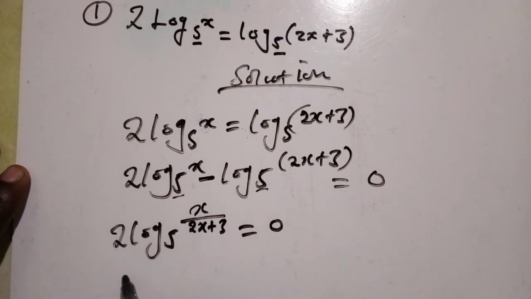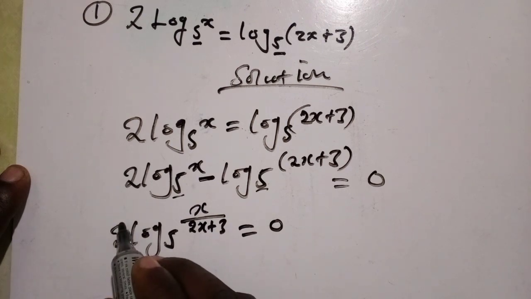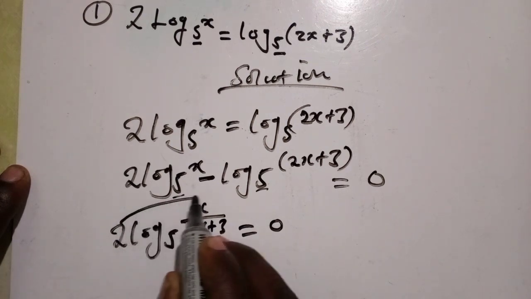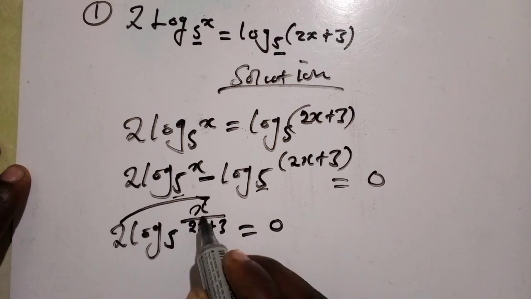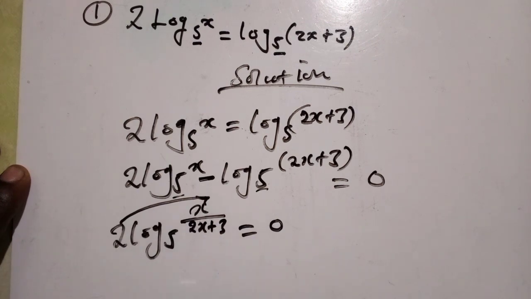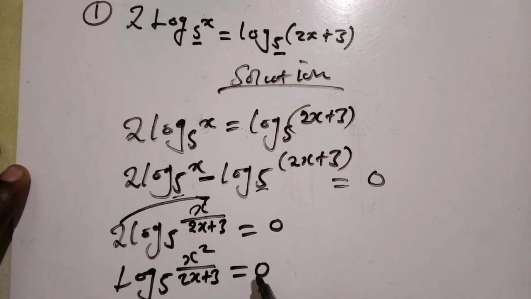Then we're going to take this power back to the term we're having here, so it will be log base 5 of x squared over 2x + 3, which equals 0.